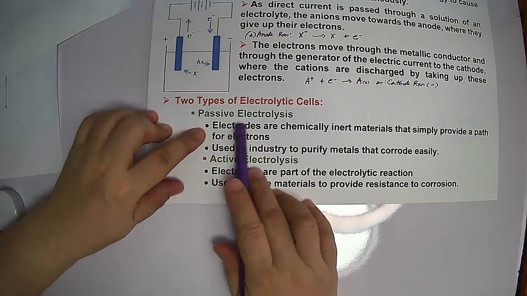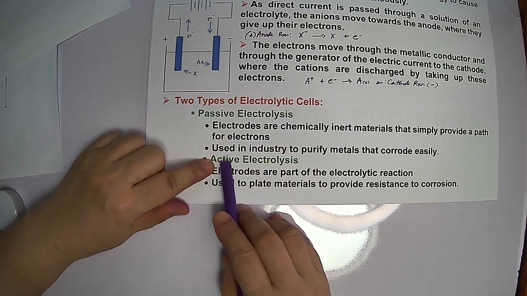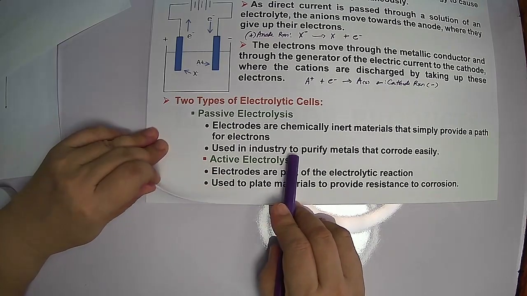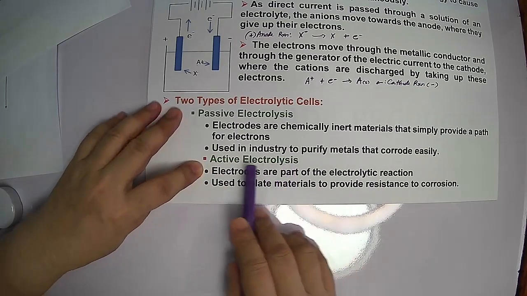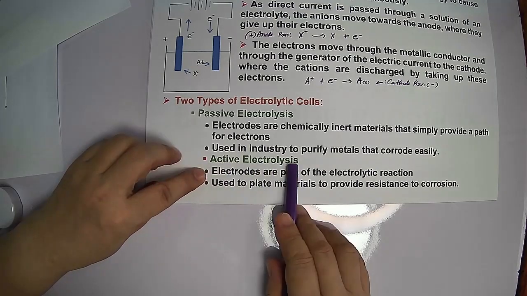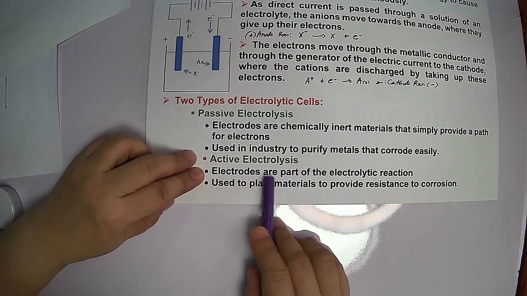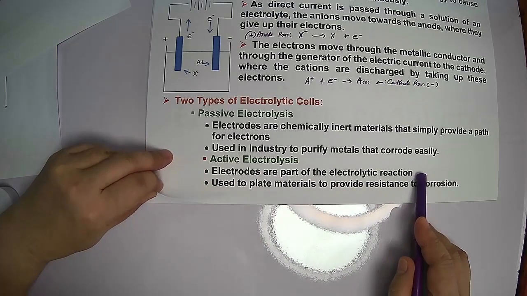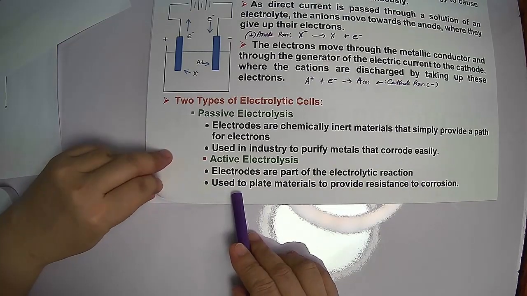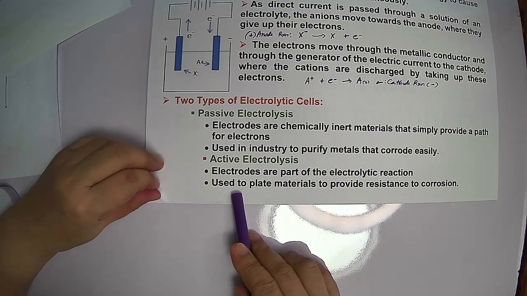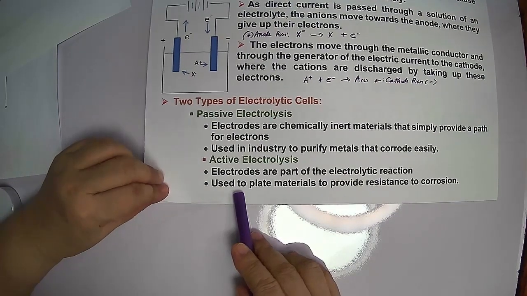And this type of electrolysis is being used in industry, say in the purification of metals that corrode easily. The other type of electrolytic cell is the active electrolysis, where the electrodes are part of the electrolytic cell. And this type of electrolysis is used in plating or electroplating.